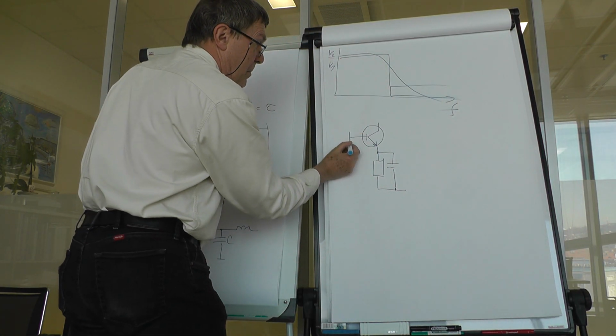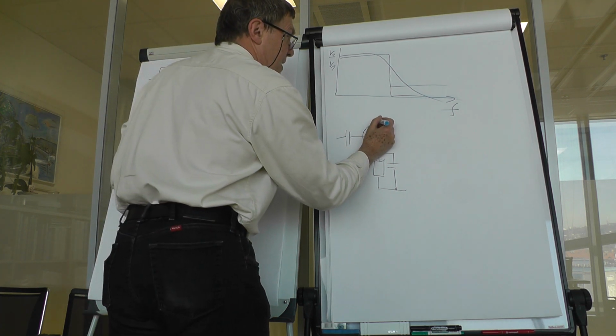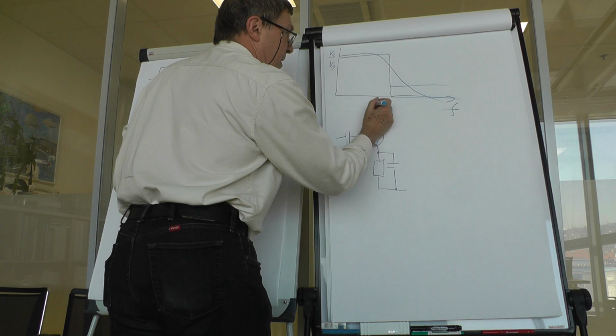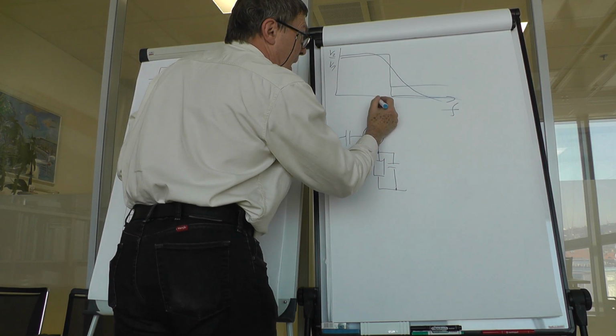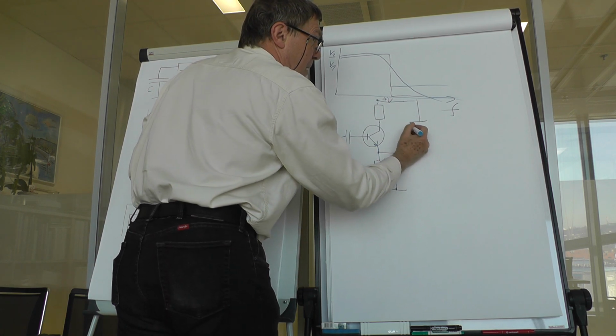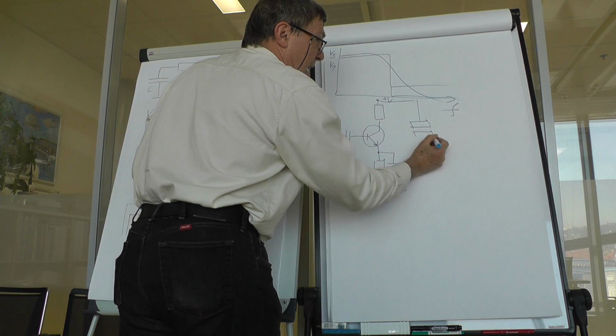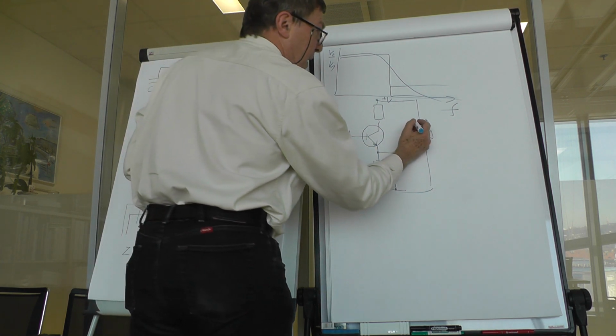You would have some blocking capacitor in the input. You would have here some resistor connected to the voltage. You would possibly enjoy to have a stable voltage, so you would possibly put here some electrolytic capacitor blocking the input voltage.